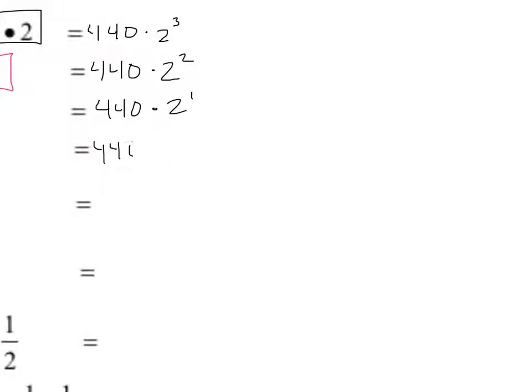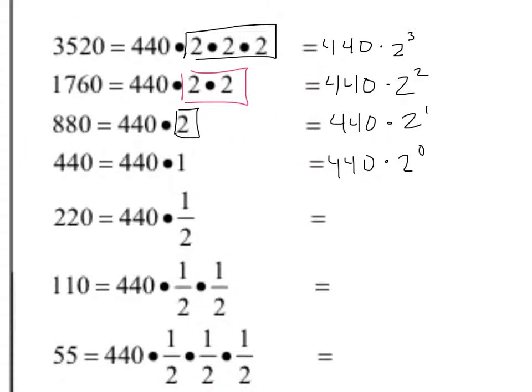Yeah, so she recognizes the pattern is that the 440 stays the same. The base is staying the same, but the pattern is that we're reducing the exponent by 1 each time we go to the octave. So when we look at that, what that means is that this 1 is the same thing as the 2 to the 0 power.